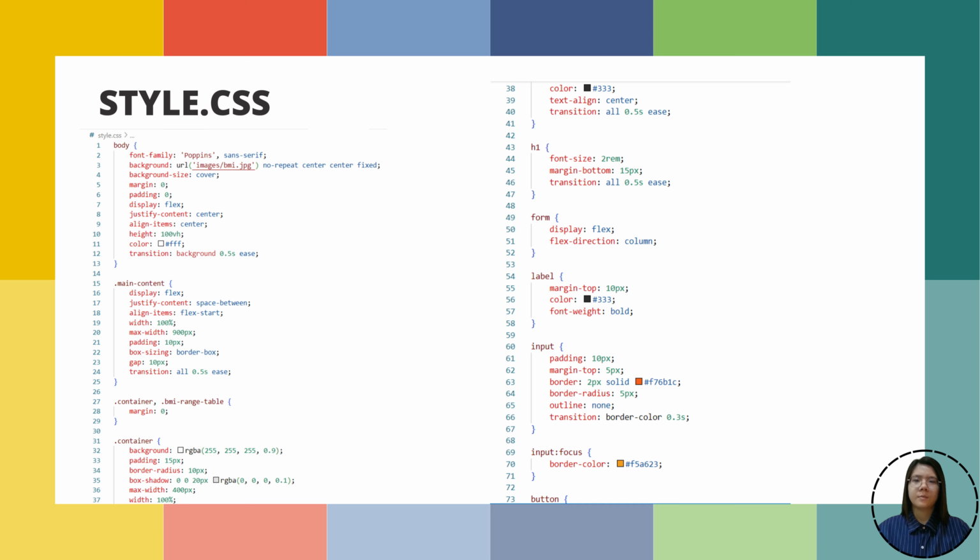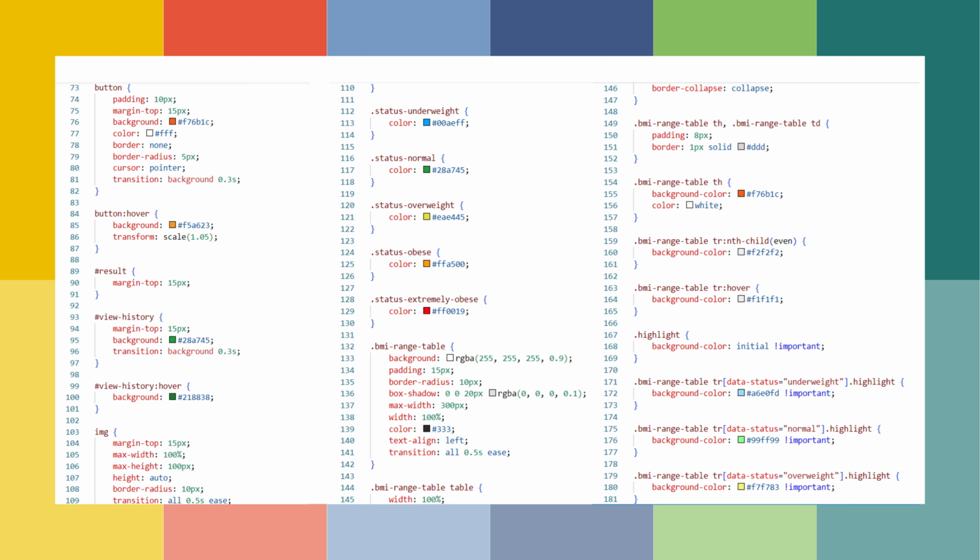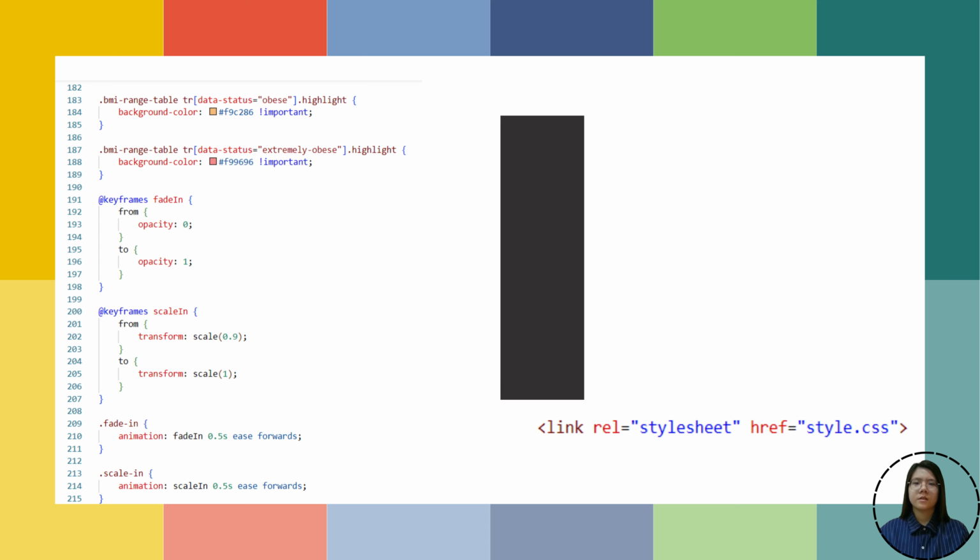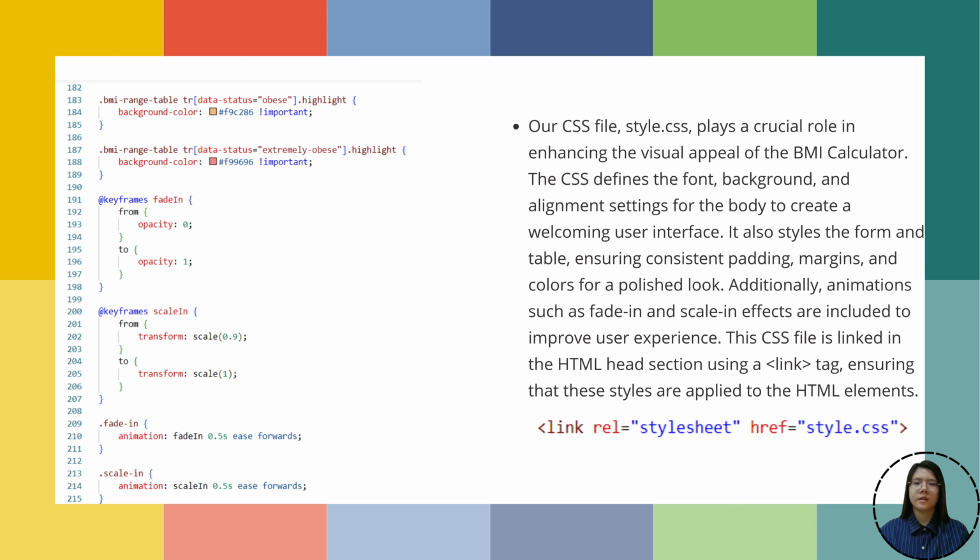Now I would like to explain style CSS. Here is all of my code for style CSS. This file plays a crucial role in enhancing the visual appeal of the BMI calculator. The CSS defines the font, background, and alignment setting for the body to create a welcoming user interface.